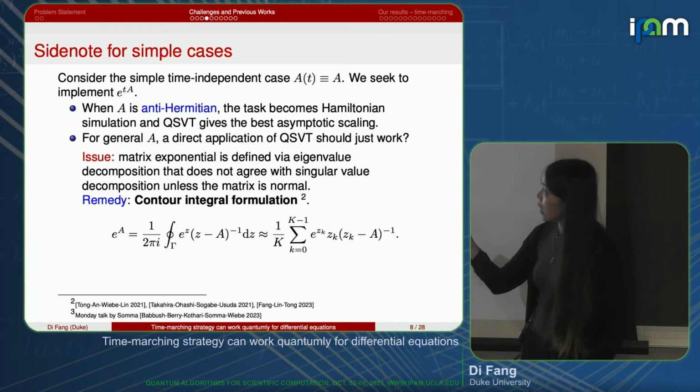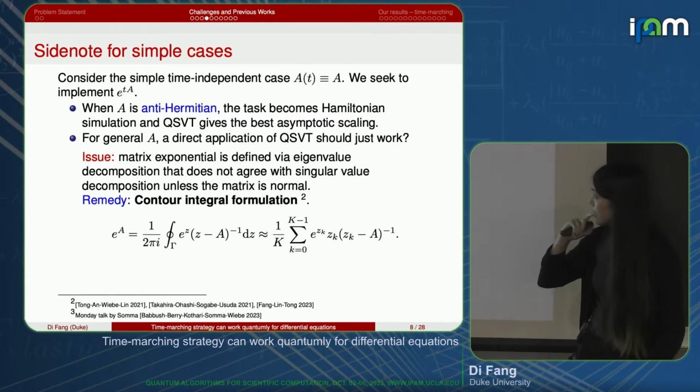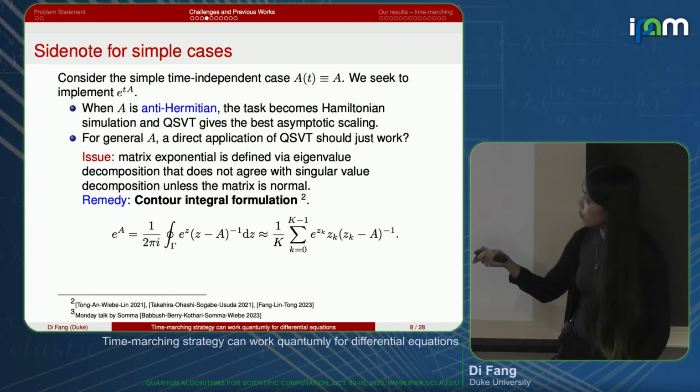But there is a natural remedy to this problem. You can also find it in many papers, together with our appendix. If you really want to do it in general, for the time-independent case you can still do QSVT, because if you go to complex analysis, there is this simple contour integral formulation.